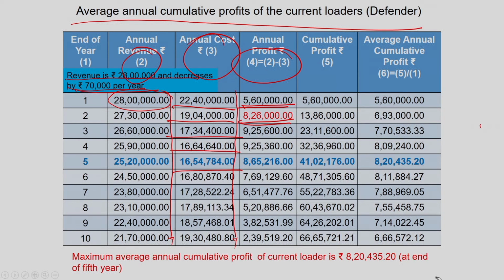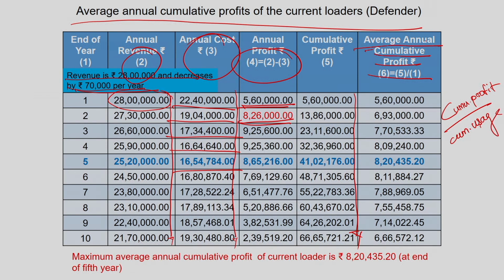Similarly, you have to find the cumulative profit by adding the profit of all the years. Now, the average annual cumulative profit, that is nothing but your cumulative profit divided by cumulative usage of the machine.